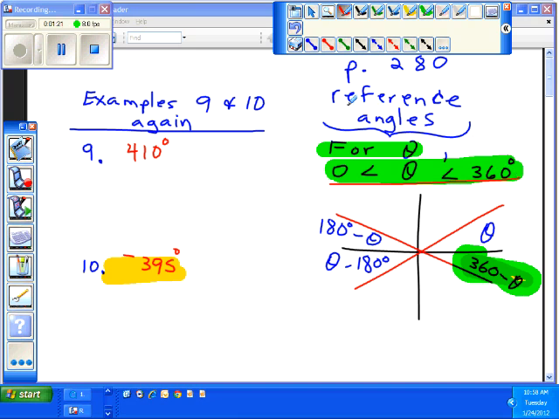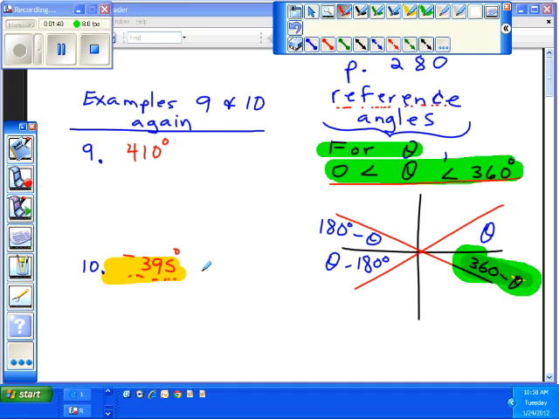So before we find the reference angle, we have to take this negative 395 and find a coterminal angle for it that's between 0 and 360 degrees.